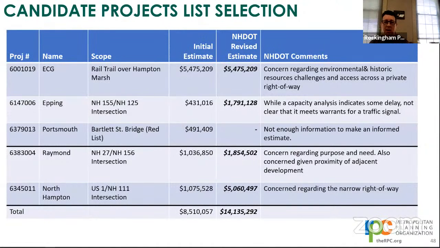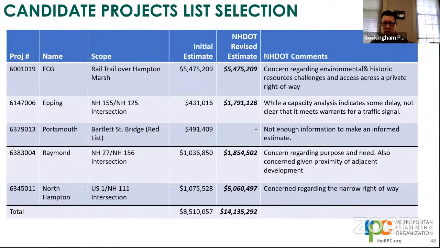The memo that I sent out included this information as well. East Coast Greenway, they felt that the estimate was appropriate and seemed reasonable. They did have some concerns about the potential environmental needs for that section of corridor, the project being basically in a giant wetland marsh.